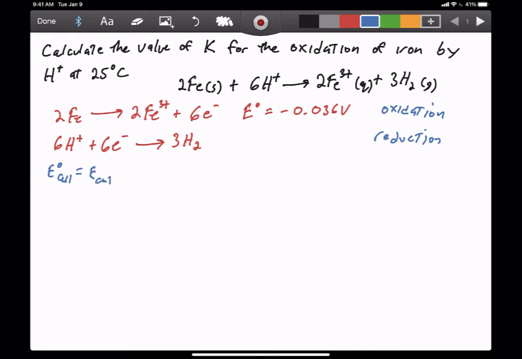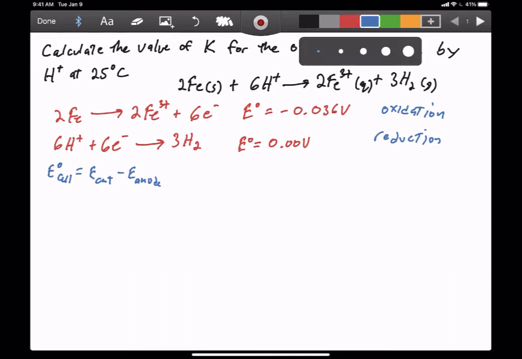If we want to calculate the E0 cell, E0 cell is going to be equal to E cathode minus E anode. It's one of the equations, the one I generally use. Since it's H+ and H2, the E0 is equal to 0.0 volts. That's our standard voltage there for hydrogen.